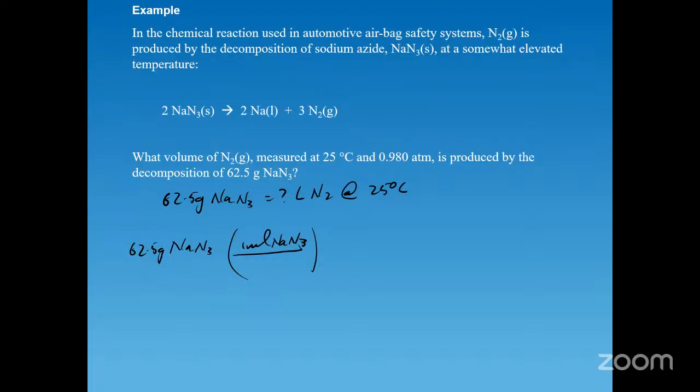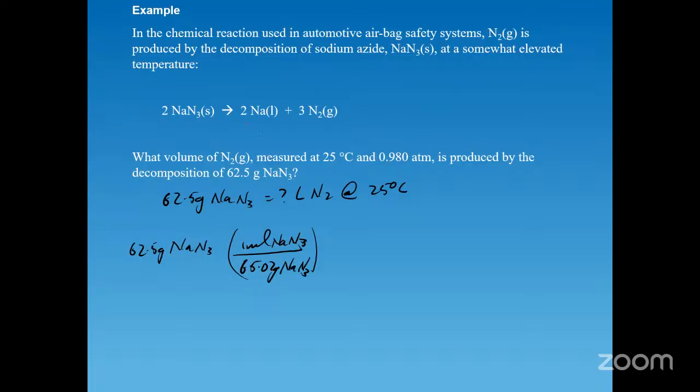So sodium, if I remember correctly, is 22.99 plus 3 times 14.41 for nitrogen. So according to my calculation, this works out to be equal to 65.02 grams of sodium azide.